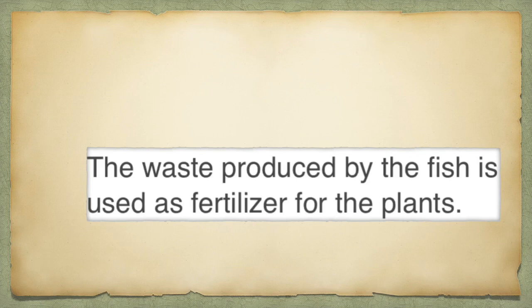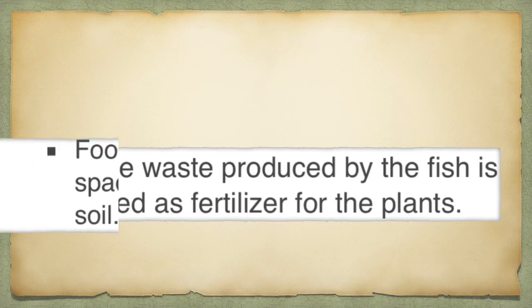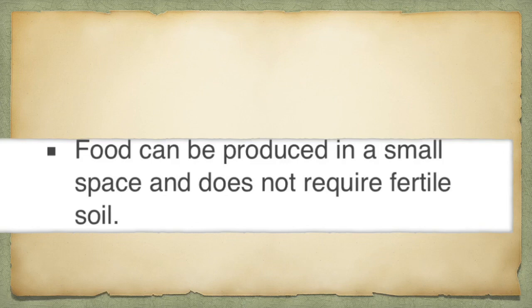So you don't have to buy any fertilizer because you have the fertilizer right here. Another benefit is that if you are in an area where there isn't fertile soil, or somewhere that is mostly rocky, then food can still be produced in this area by using your aquaponics system.